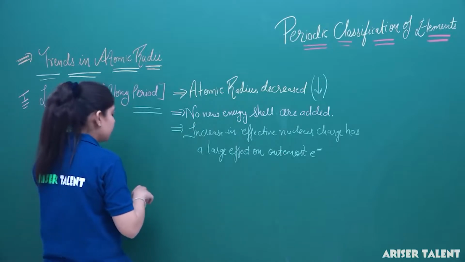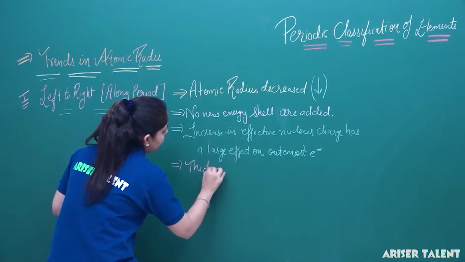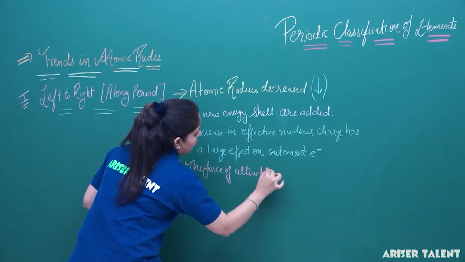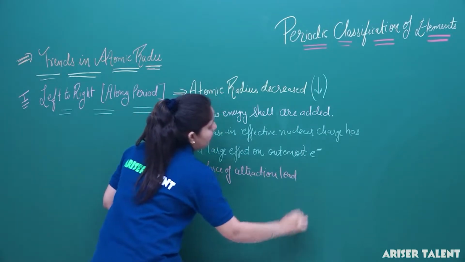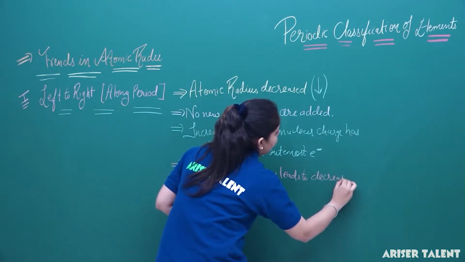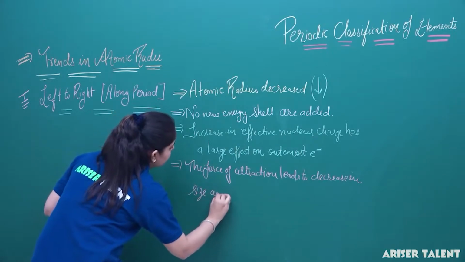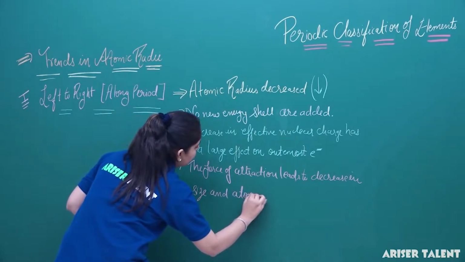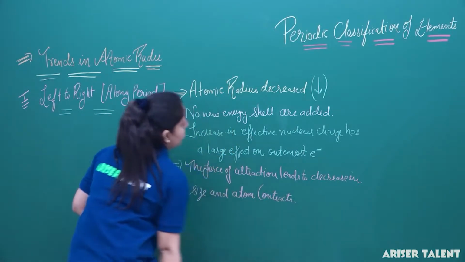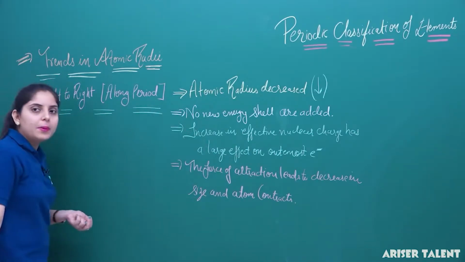So what will happen next? The force of attraction leads to a decrease in size, and due to this decrease in size, the atom contracts. So this is the trend that we follow from left to right in the periodic table.